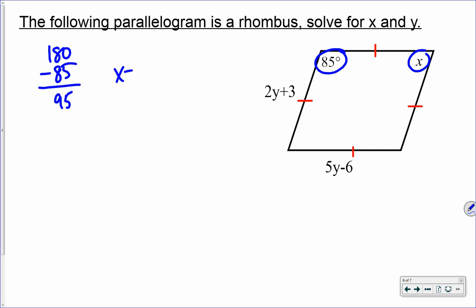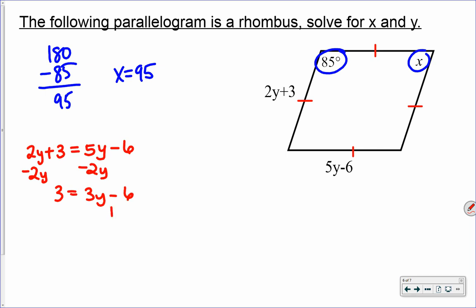So x will equal 95. And the y values are on the sides, and we know that all sides of the rhombus are equal. So we can say 2y plus 3 is equal to 5y minus 6. And then we can solve the equation. So y will equal 3.